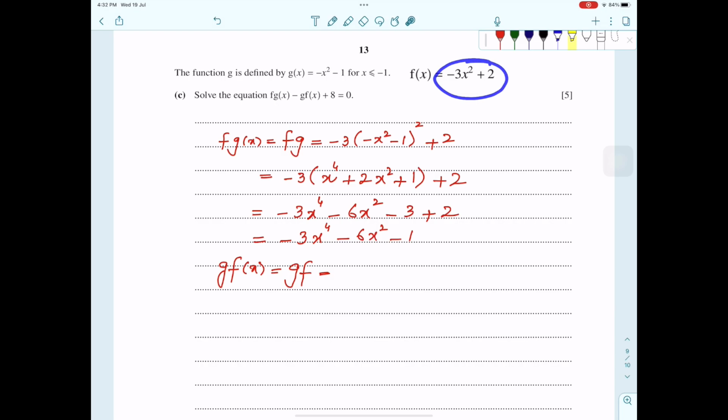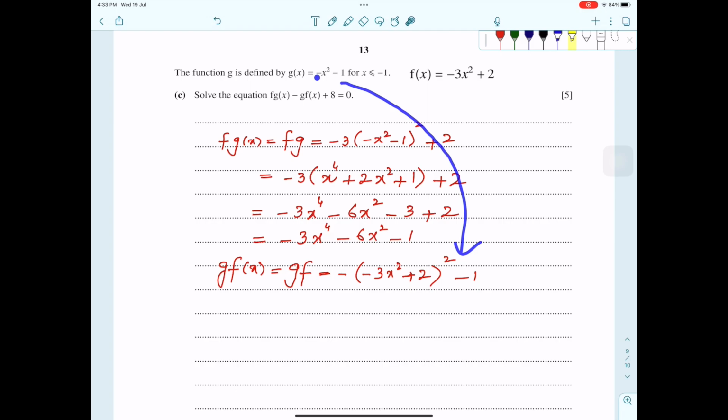Now you will plug f in g. So you will write minus parenthesis and the whole function f inside the parenthesis whole squared minus 1. This negative sign as it is and the outer sign as it is, and you have plugged this function in g. Next, we are going to apply the algebraic identity.